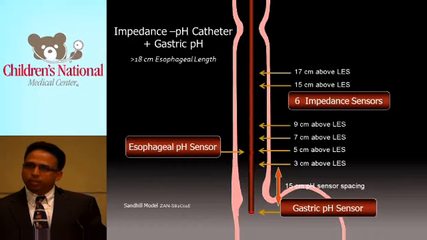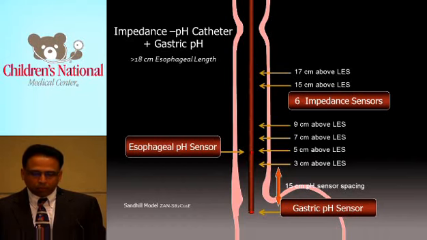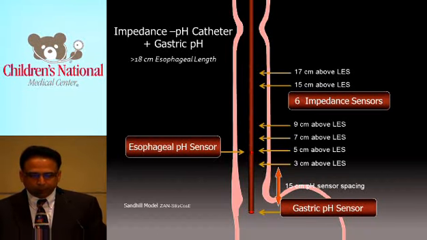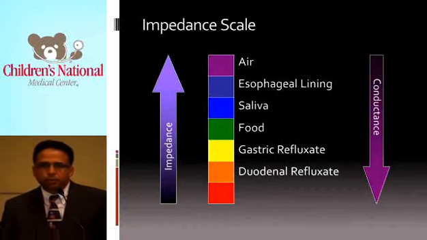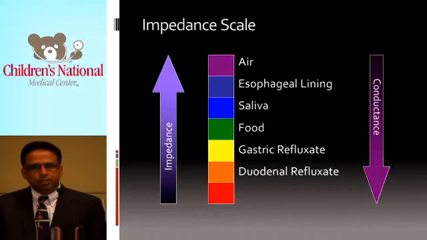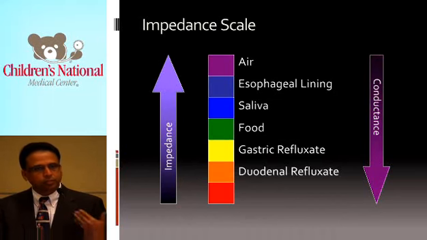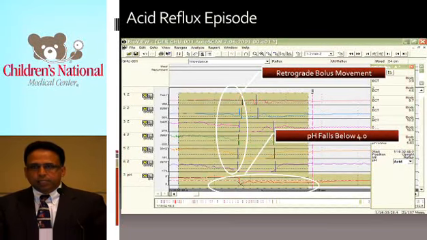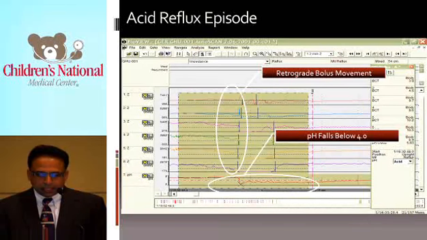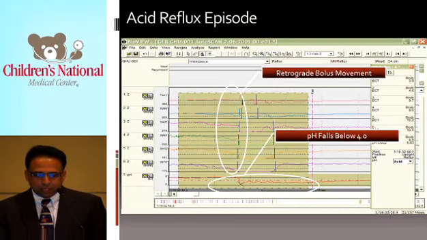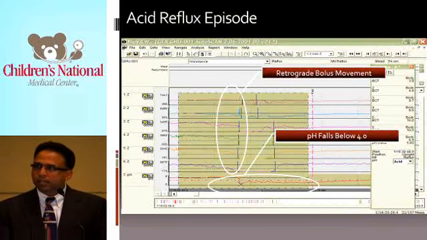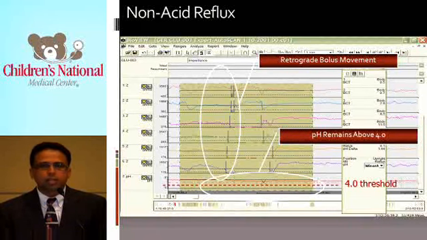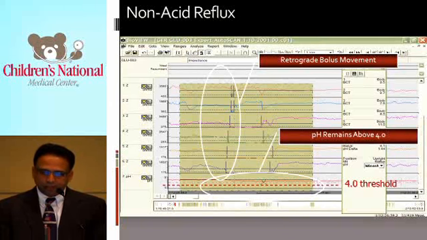And then they used all the other advantages of the pH probe, so that we have dual channel esophageal probes, we have esophageal and gastric channels. But because everything is computerized now, we can also tell how much of this was air, how much of this was bile, if this was food, etc. So the advantage of this test is that we see this reflux episode where you can see these are the channels, and the bottom channel is the pH, and the pH dropped, and that's a typical acid reflux, as opposed to when this reflux episode happened, the pH remained above 4, and therefore it was a non-acid reflux.